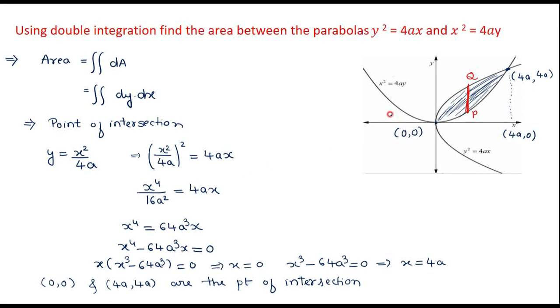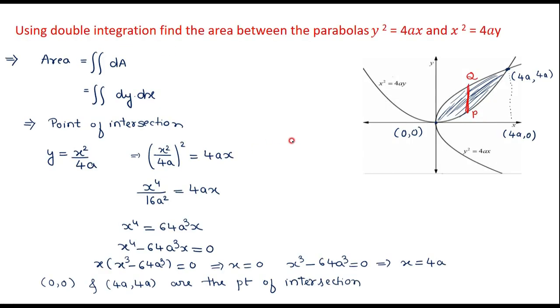So x will vary from 0 to 4a in the bounded region, and y varies from x square by 4a to root of 4ax, which is 2 root of ax. You can also write the same thing by taking y as a constant and a horizontal strip.